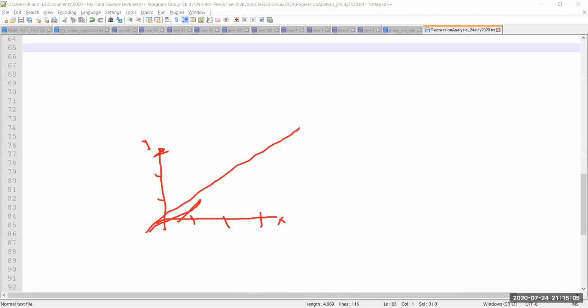Imagine I have a very uniform kind of distribution, and my actual points are also falling on the line itself. Just imagine if this is the case, then what is the value of theta 1? What do you think is going to be the value for theta 1?